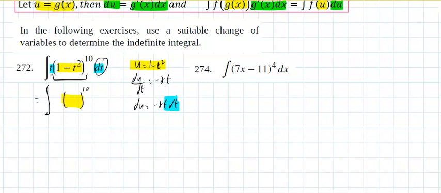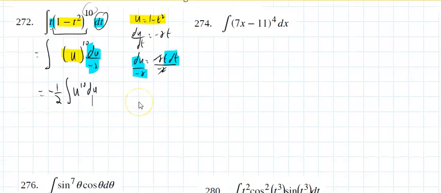I let u equal the inside of that 10 there. Now the blue part, if I'm off by a constant, that's an easy fix. The blue part, t dt, is simply du over negative 2. So if it's a constant and you're multiplying, whether you're taking a derivative or integrating, you could divide up front or pretty much do the differentiation and multiply the result by 1/2, or integrate and multiply by negative 1/2. Well, we know what this is.